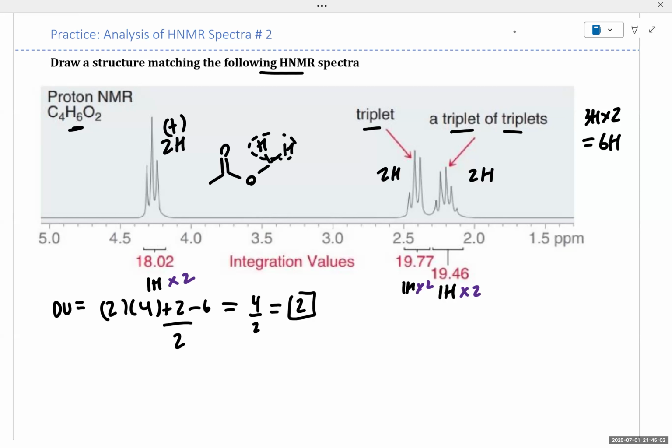We likely don't have an alkene present or anything like that. And these peaks around 2.5 and 2.0 suggest something like a proton adjacent to a carbonyl group of some sort.